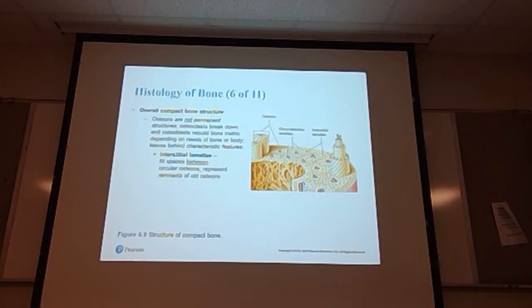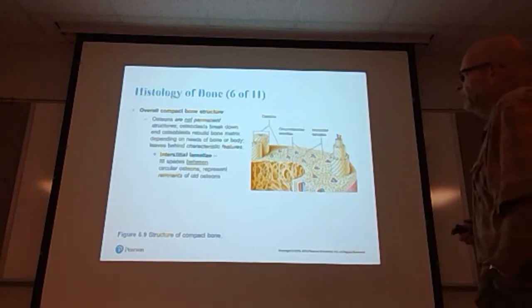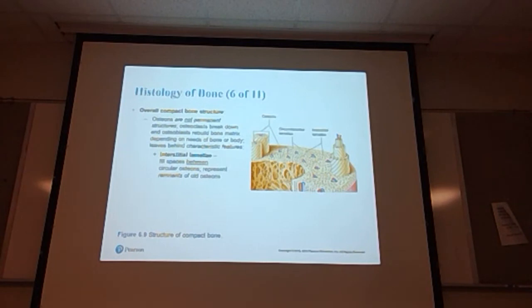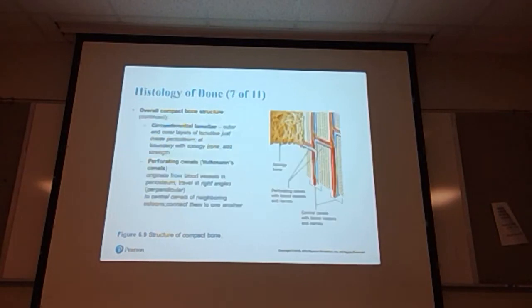So you have an osteon here and an osteon here, but here you have this triangular shaped area that's the leftover. As these continue to move outward, you will eventually see this component there. So the interstitial lamellae are what's left over after an old lamellae has been replaced by a newer one.